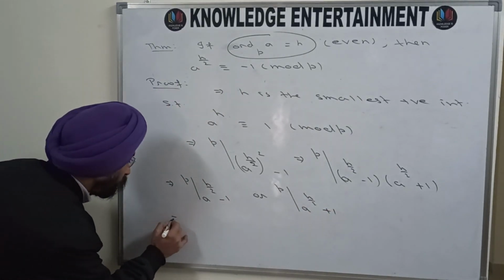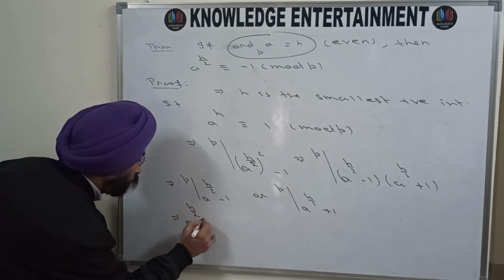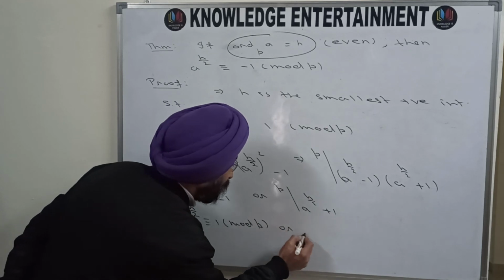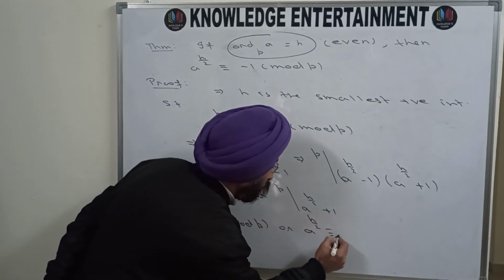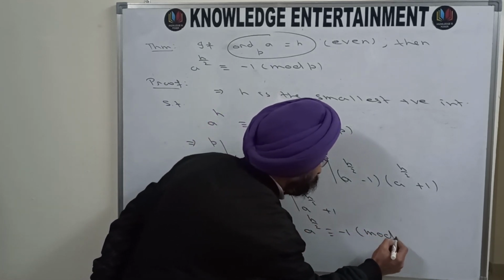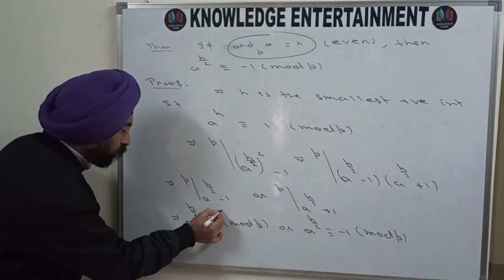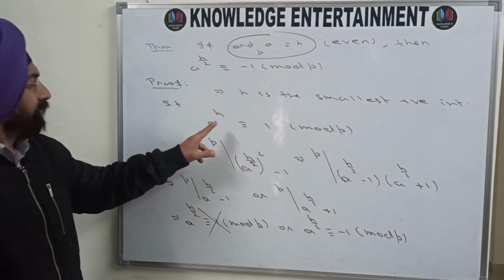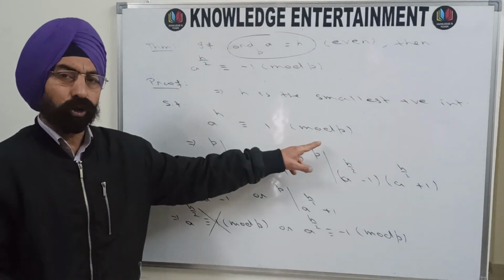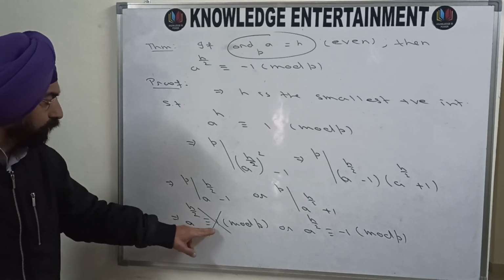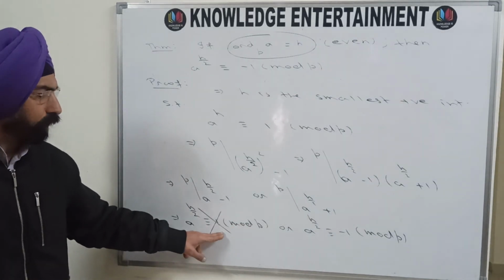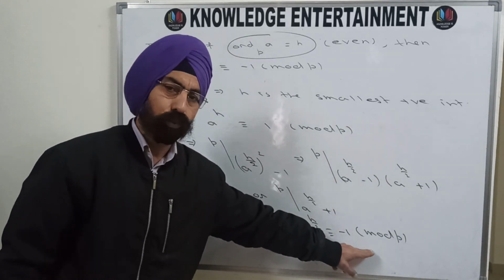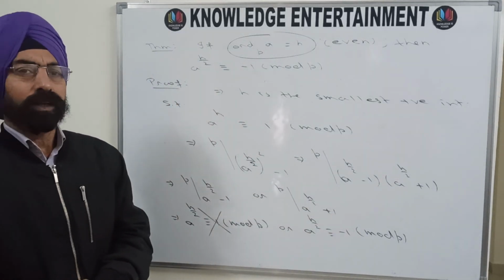From the first, you get A^(h/2) is congruent to 1 modulo P, or A^(h/2) is congruent to minus 1 modulo P. The first one is not possible because h is the smallest integer such that A^h is congruent to 1 modulo P. Then how can A^(h/2) be congruent to 1 modulo P? So this is not possible. So the only possibility is that A^(h/2) is congruent to minus 1 modulo P, and that was the required result to be proved.